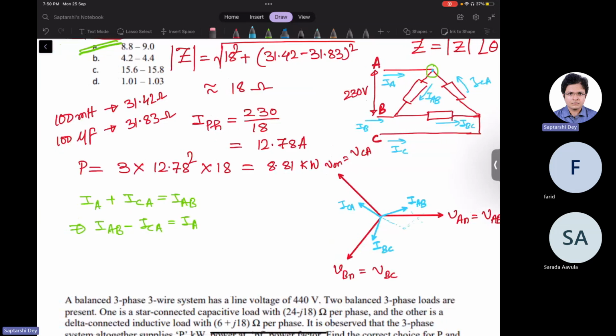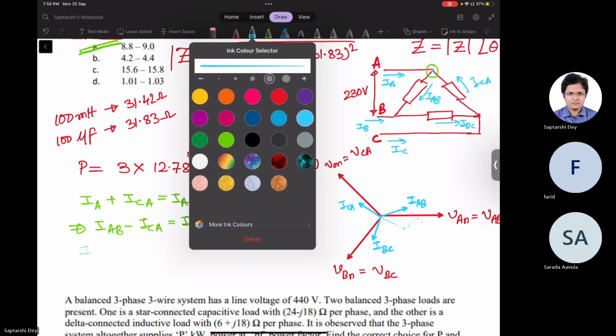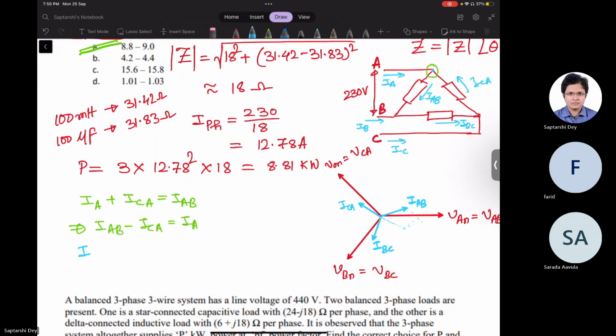Let me check with the other currents. Am I making the same mistake?